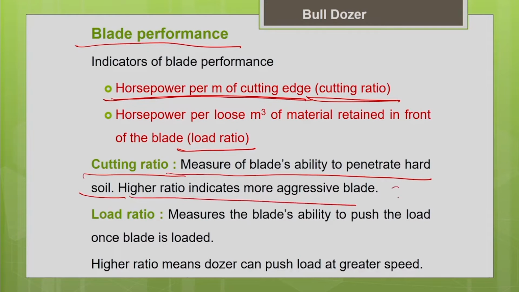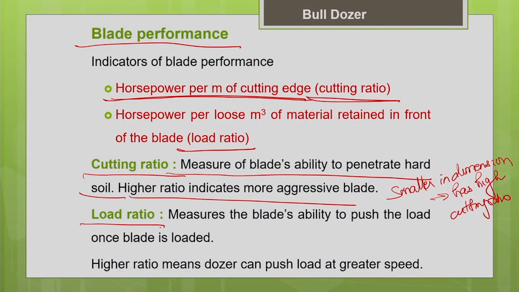Generally, blades which are smaller in dimension have a high cutting ratio, because obviously there will be more concentration of power in that portion of the blade, since the blade dimension is smaller. So, those blades will be more aggressive and they will have a high cutting ratio.